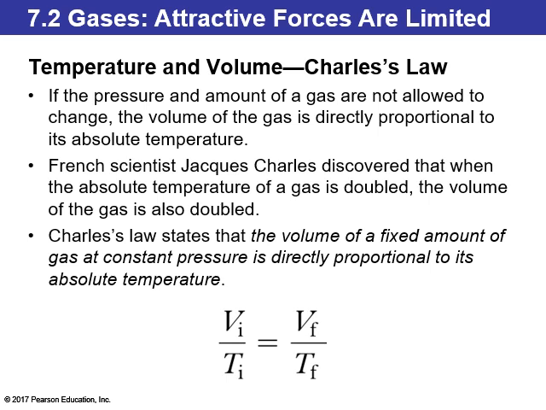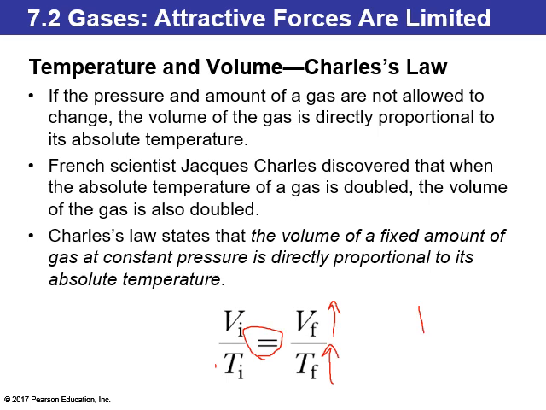And you can see mathematically, it's the opposite of what we saw earlier because this is a direct, proportional, not an inverse relationship. So in order to keep these two equal to one another, if one of them goes up, the other one has to go up as well.